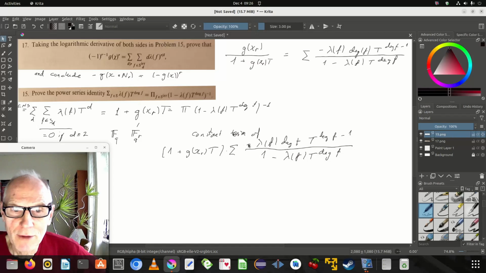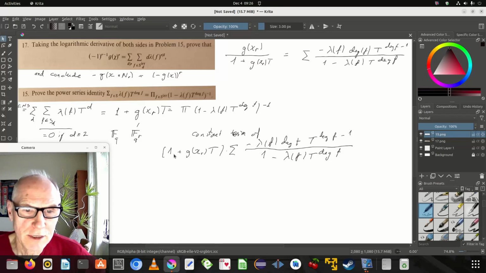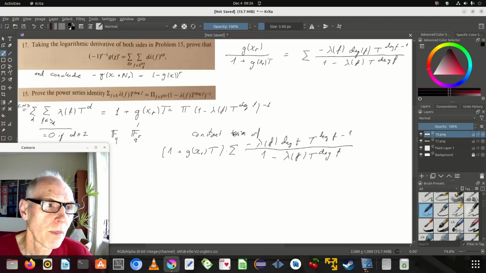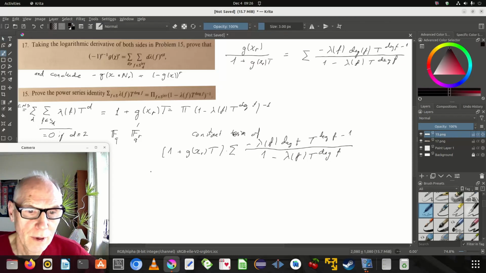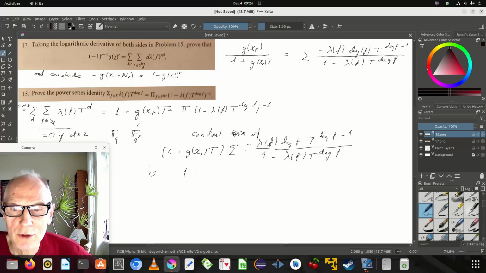So that means we have to take, and of course t gives factors t, so we just take 1, and then times the constant term of this, and that's all of degree 1, so we sum all where degree f is 1.